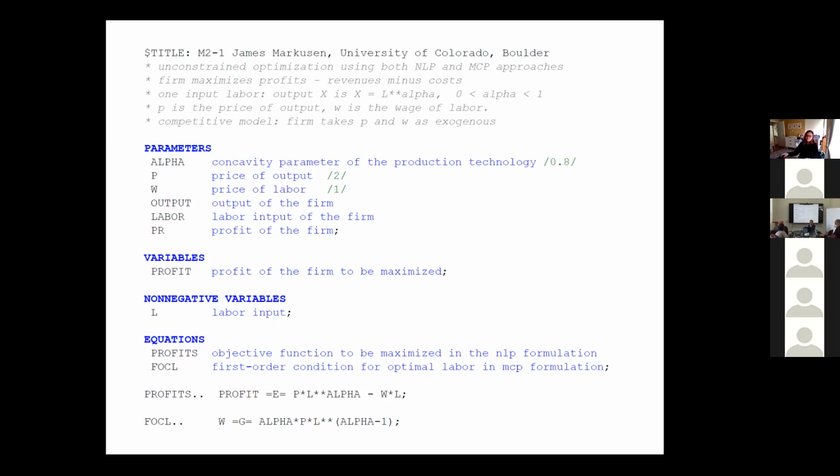The derivative of the profit equation with respect to L gives you this formulation, and it's written in this form. If W is strictly greater than the right-hand side in equilibrium, that's a corner solution. It's unprofitable in optimal outcomes. And so you have to write these things in the right direction.